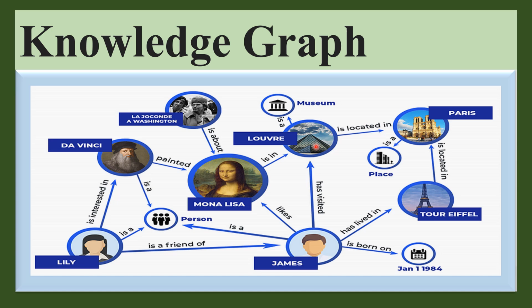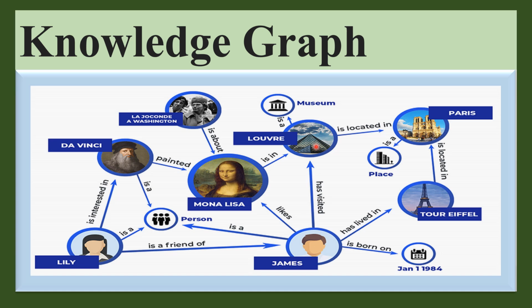Imagine a network where nodes represent entities like people, places, events, or concepts, and edges represent relationships like is a, has a, lives in, works for, is part of, etc. Now, this network can be queried, searched, and analyzed to extract insights and answer questions related to the entities and their relationships.